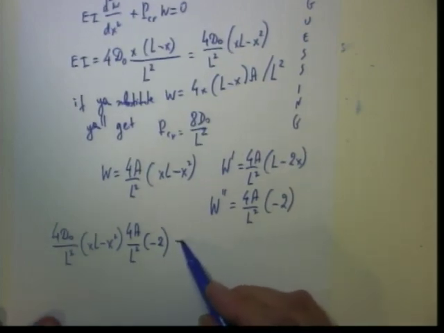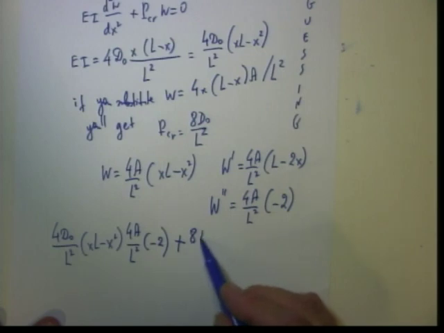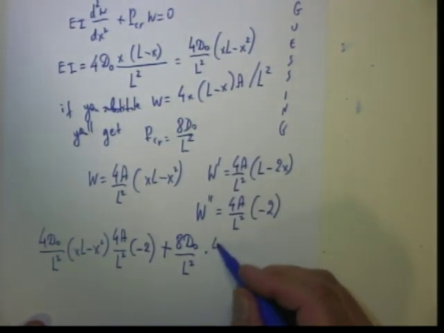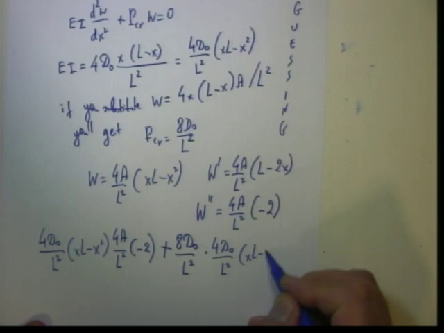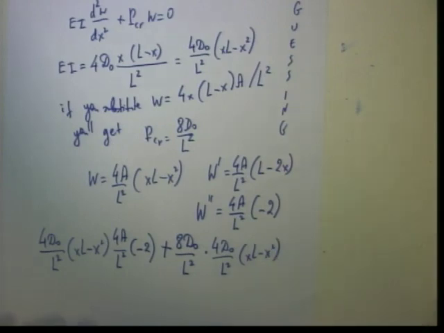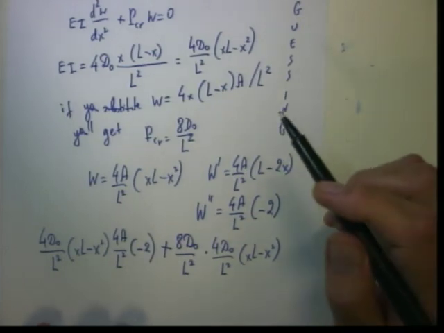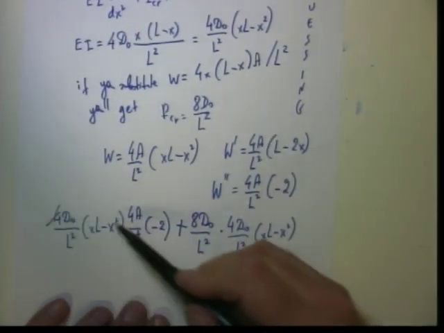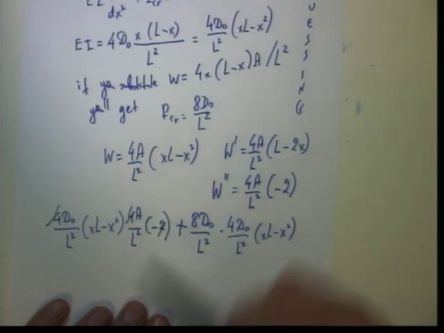Then he says plus P critical, 8d0 over L squared. And then W. W is like this, 4d sub 0 over L squared x(L minus x). So let us check if this is 0 or not. So okay, this 4 times 2 is 8.